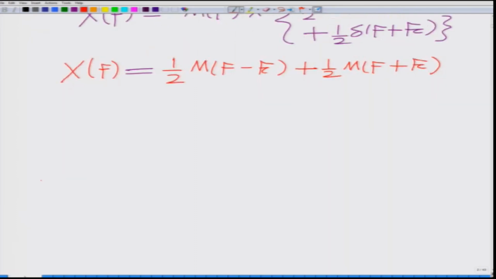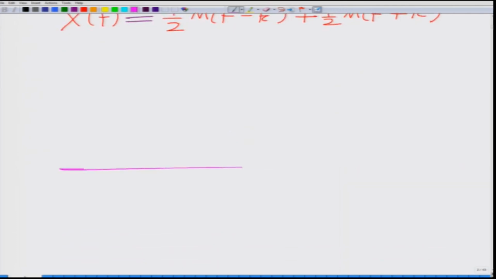Now, if you look at the spectrum of this modulated signal, as we have already seen before, it is going to look as follows. It comprises M(f), multiplied by a factor of half and shifted to fc.